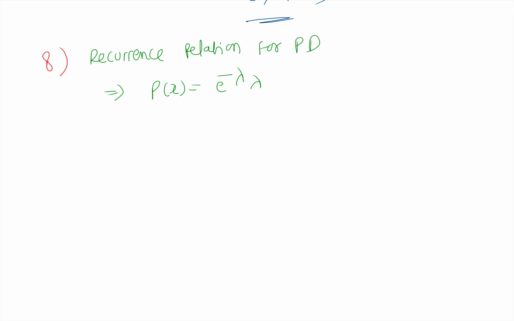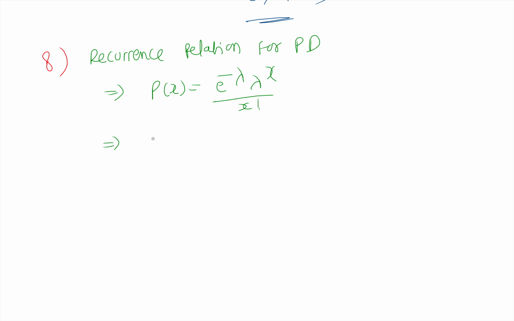And in this 8th problem I have explained the recurrence relation. Recurrence relation for Poisson distribution: we know probability of X equal to x is e to the power of minus lambda, lambda power x by x factorial.